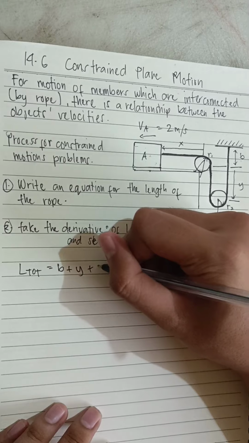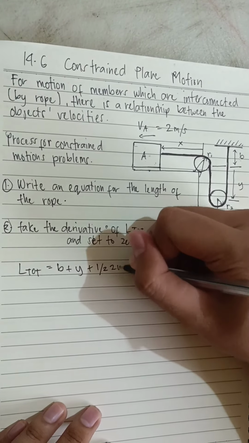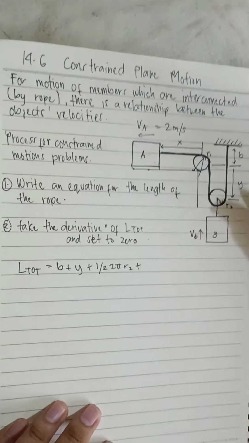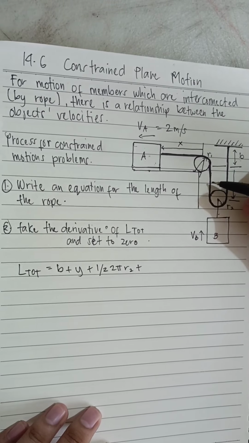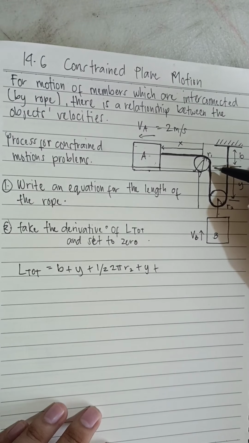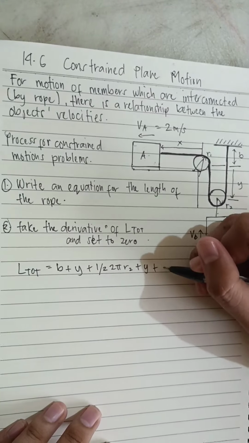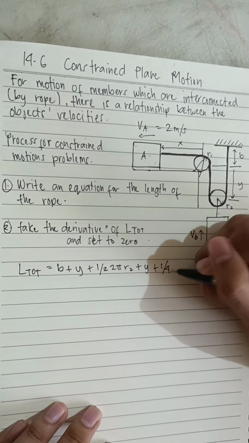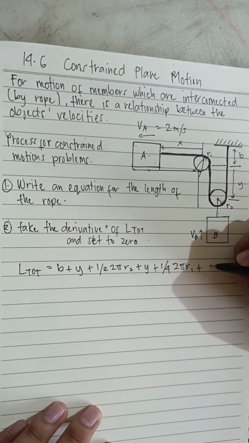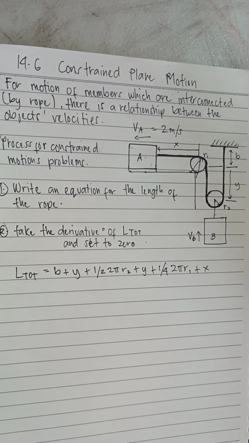So ilagay na lang natin dito is 1/2 of circumference. Plus itong rope naman dito is Y din. Y plus dumaan naman ulit itong rope sa circular pulley. I think mga 1/4. Lagay natin dito 1/4 of circumference plus x. So meron na tayong equation.